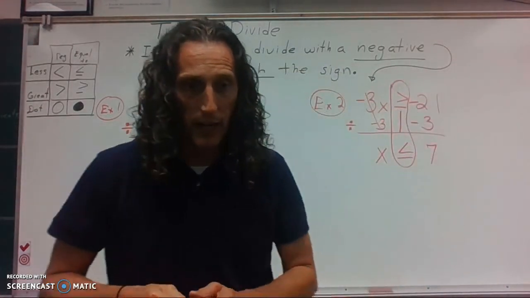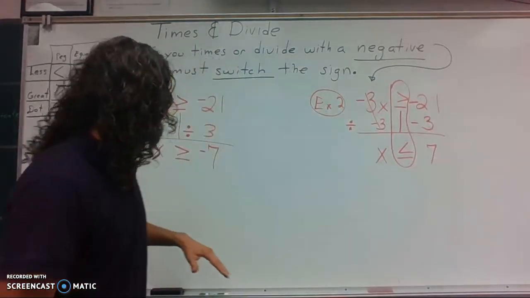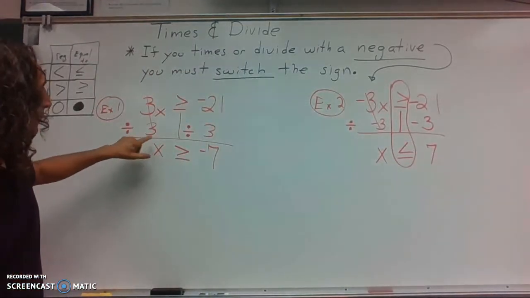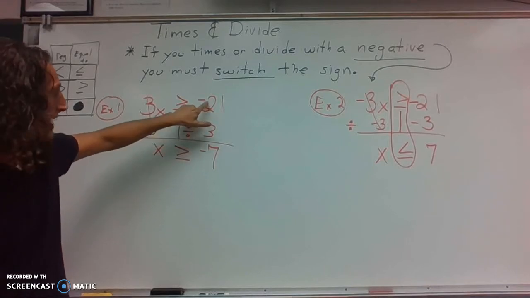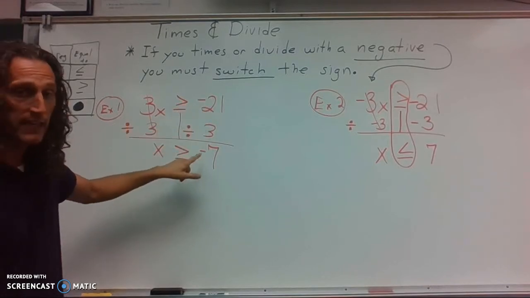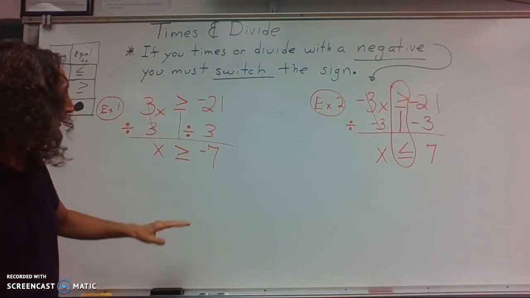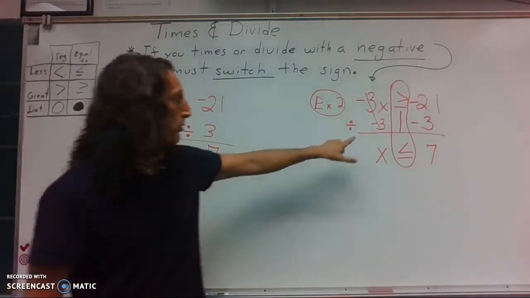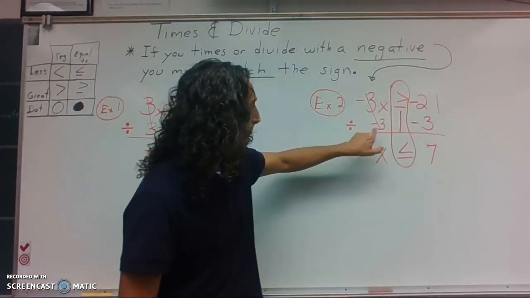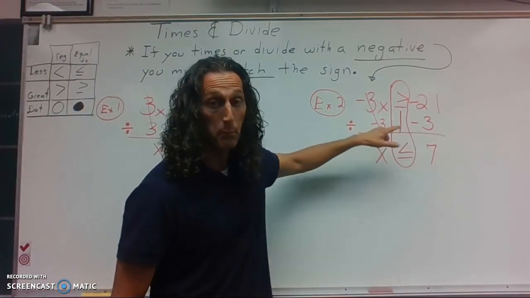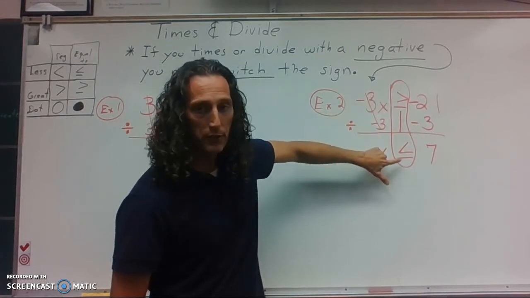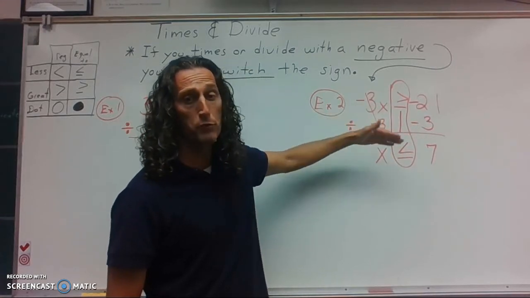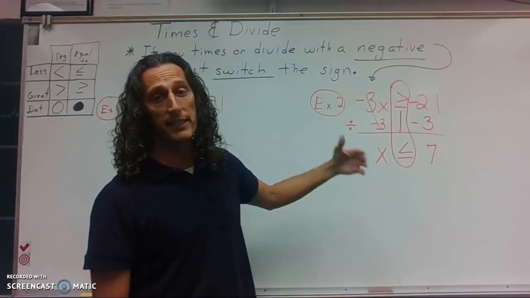That's the difference of the word by. If you divide by a regular number, who cares that this is negative? Doesn't matter your answer is negative. That's not why we turn things around. It stays the same. It's only if the number on the bottom that you're either multiplying or dividing by is the negative, you must switch this inequality sign around. If you do not, you will automatically get it wrong.